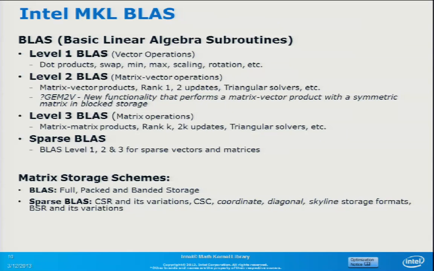The matrix operations are essentially very critical. As I said, sparse BLAS is fully supported. There's full, packed and banded storage of matrices, and of course the corresponding routines to actually solve that.